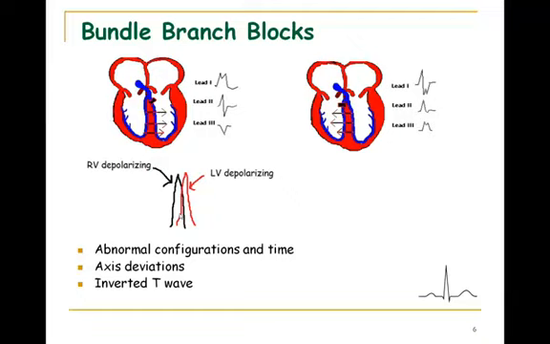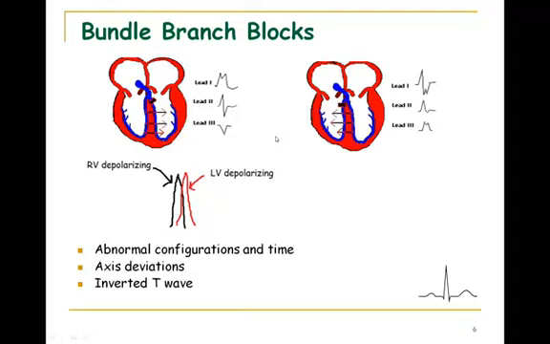Bundle branch blocks are also similar to hypertrophy in that you do have axis deviations. So if we use the example you see over here again with the left bundle branch block, the left side of the heart is going to take longer to depolarize, so the vector will be shifted towards the left, and maybe start shifted up towards the left here.